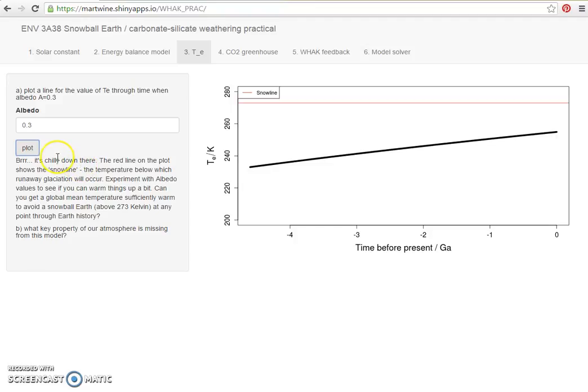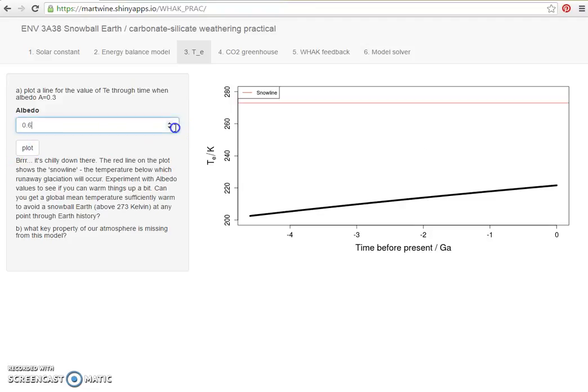So the question here says experiment with albedo values to see if you can warm things up a bit. What value of albedo is needed to get the black line, which is the temperature of the planet's surface, above the temperature at which it would have frozen? So if we ramp up the albedo, then the value is going down because more is being reflected.